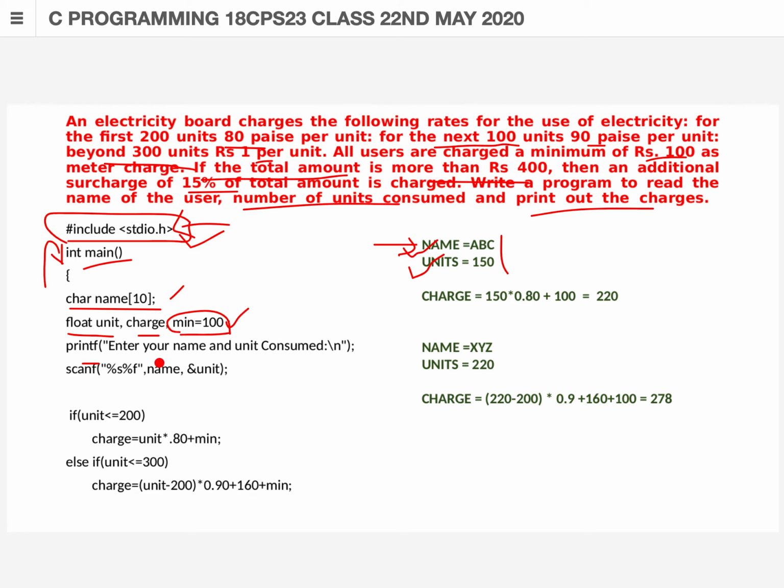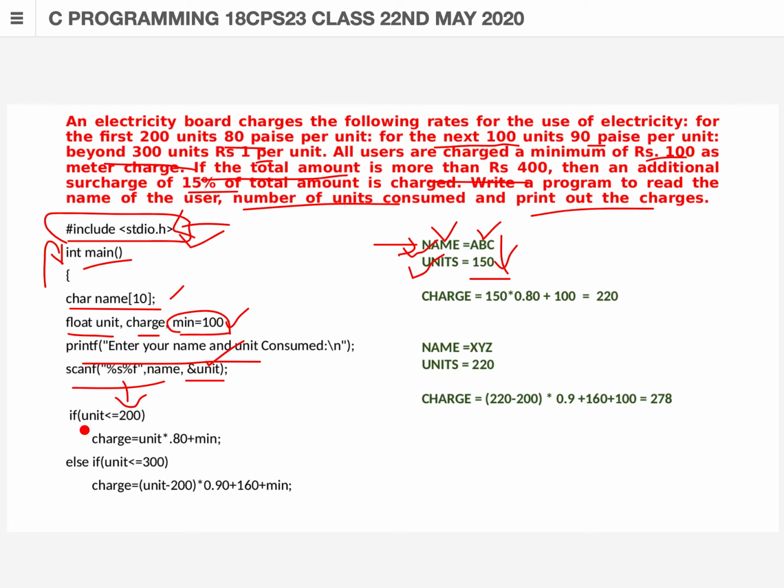Initially we need to read the name of the consumer as well as the total number of units consumed by that consumer. The name of the person is read through a group of characters. For the first input we have taken ABC as the name, and the number of units is 150.